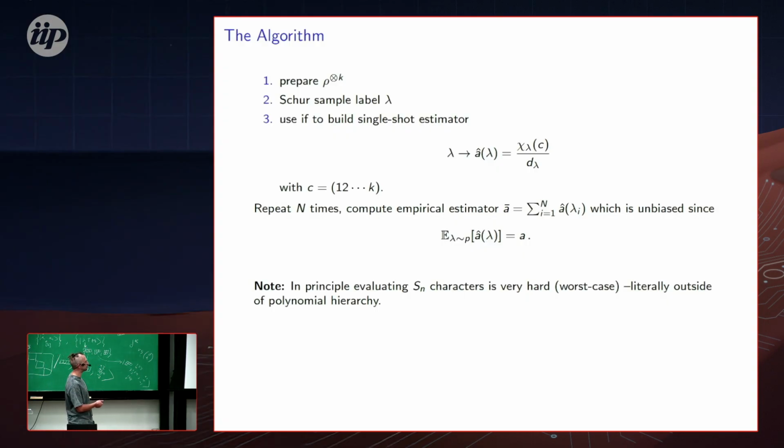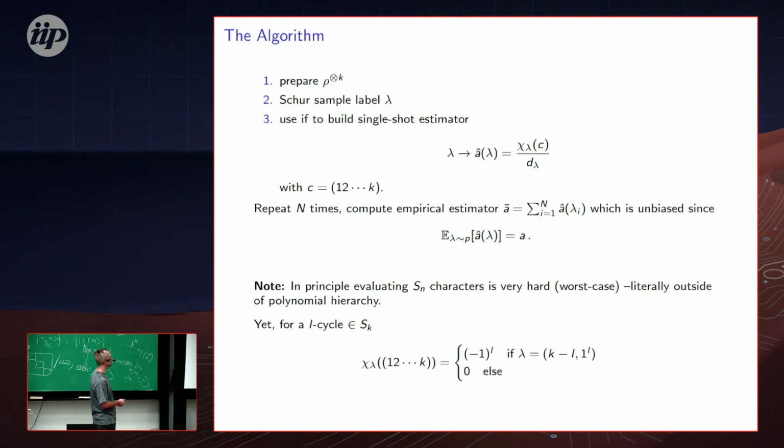In this case, when you have this specific permutation, in particular for any L cycle, oh, here it should be 1, 2 to L, and for any L less than K, you get that the character on any lambda, well, only on the lambdas that look like hooks, something like this.